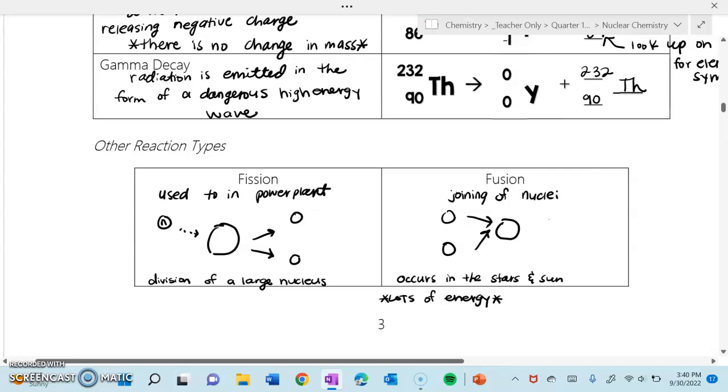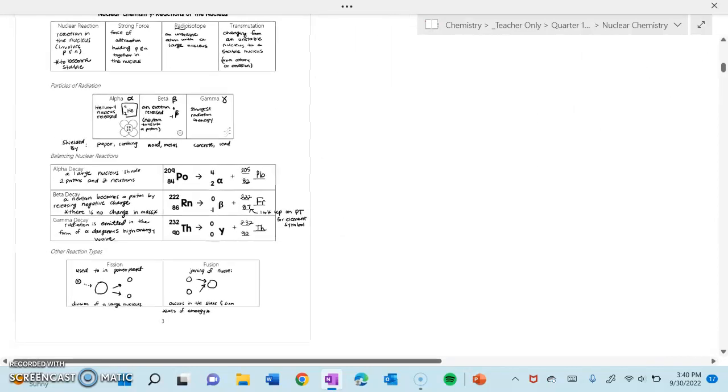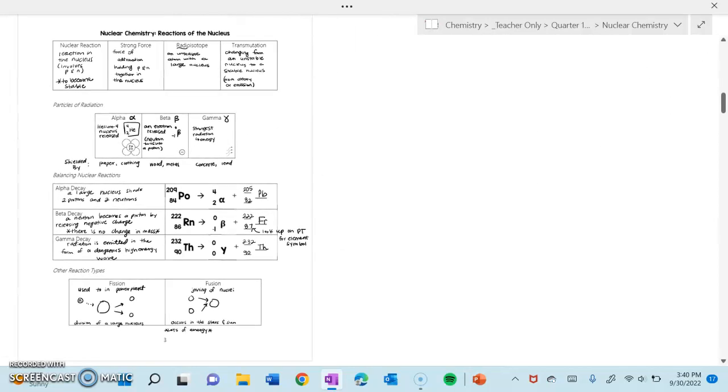So there can be dangers with nuclear chemistry, nuclear reactions, but there are so many positive things if we can use them responsibly and know what we're dealing with, then it can be really helpful. So that is the gist on nuclear chemistry, reactions of the nucleus with protons and neutrons trying to become stable. We've got alpha, beta, and gamma decay, and then fission and fusion.